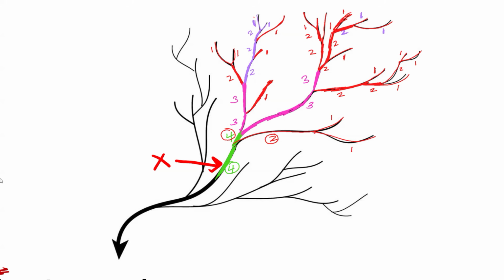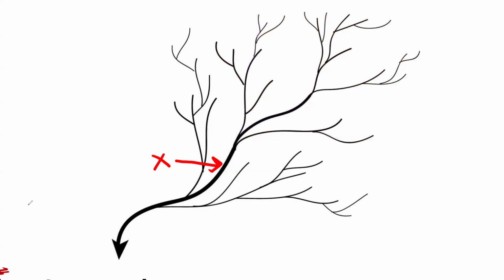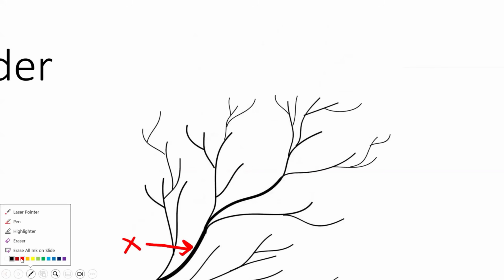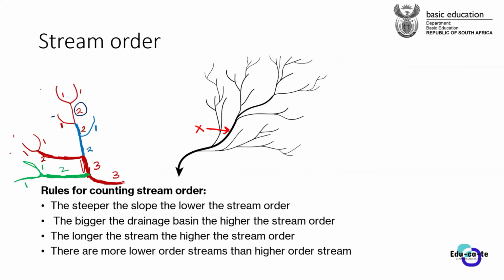I have to clear this, but you guys know that X is going to be at the 4th stream order. So I'm just going to write down here and say X is the 4th. We said it's 4th, right? 4th stream order.